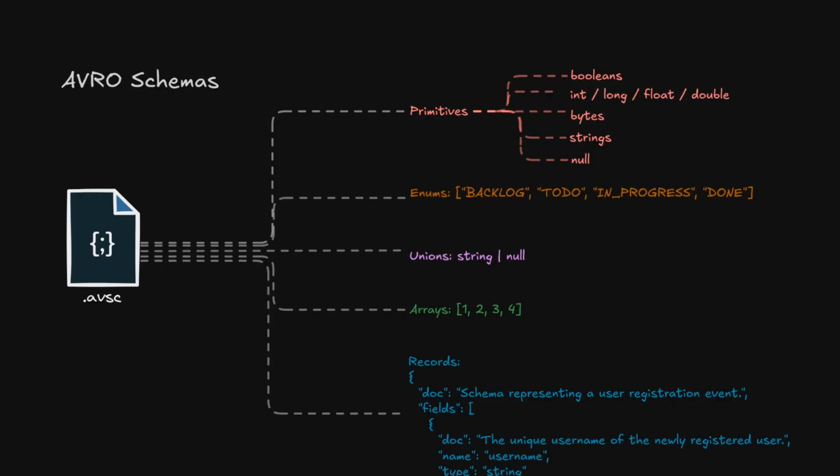You also have access to complex data types like enums, which are a set of named values, arrays, which are lists of elements of the same type, maps, which have string keys and values of the same type, unions, which can conform to one of several types. For instance, you can use the union of null and string to define what is basically an optional string, and fixed, a fixed-length byte array.